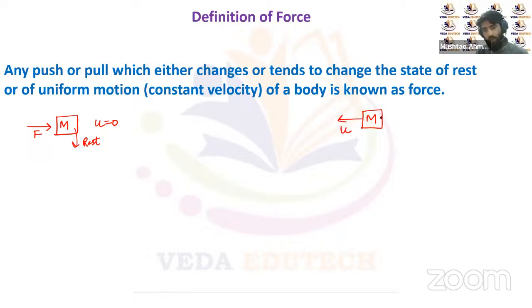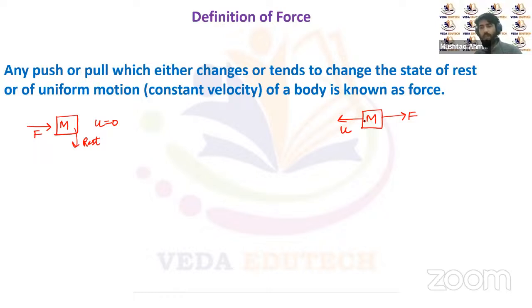Now I'm applying a force opposite to the direction of the speed of the body, right? The initial state of motion of the body is that the body is in motion with respect to some observer with initial speed u, and this force F will try to bring this body to rest, or it will try to change the state of motion of the body to the state of rest, right? So that's what the force does.